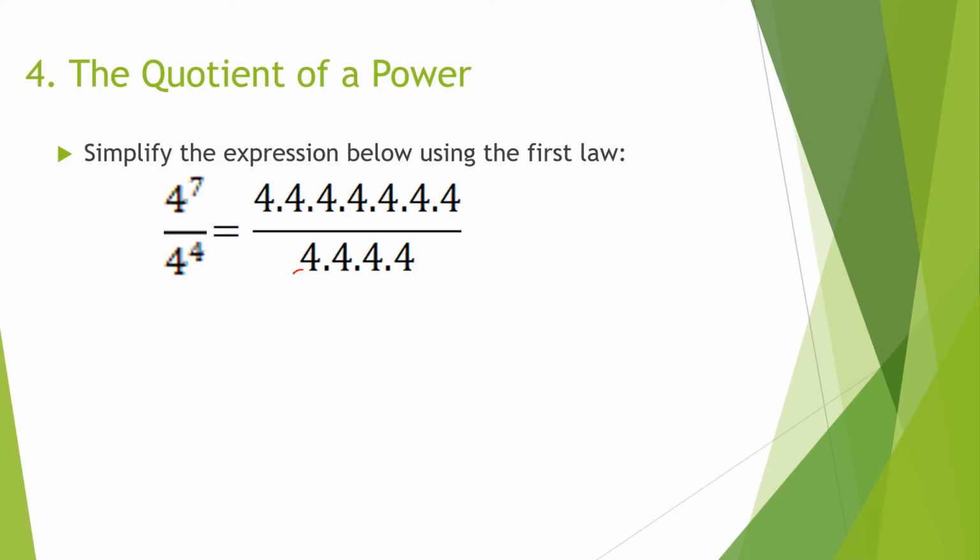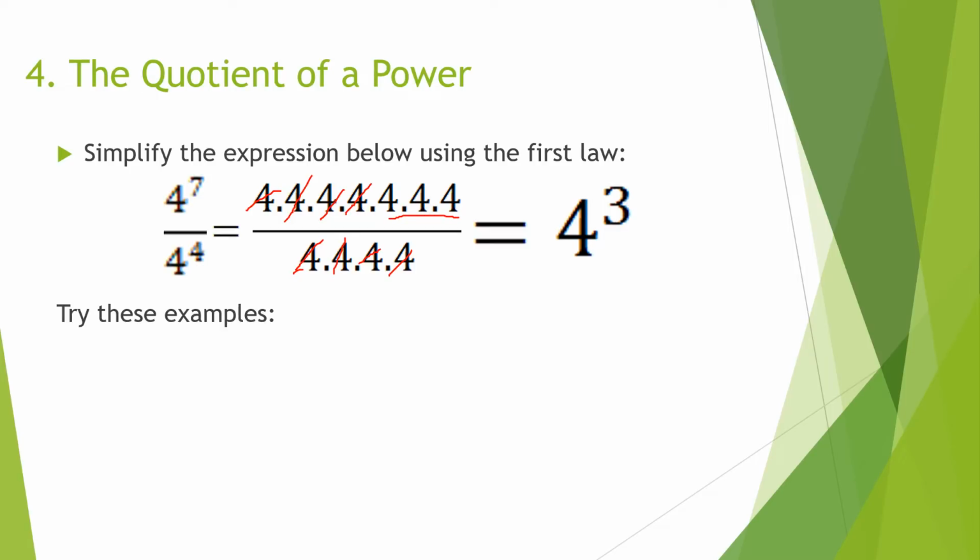After that, we can cancel the four 4s, and we are left with three 4s, or 4 times 4 times 4, which can be written as 4 cubed.